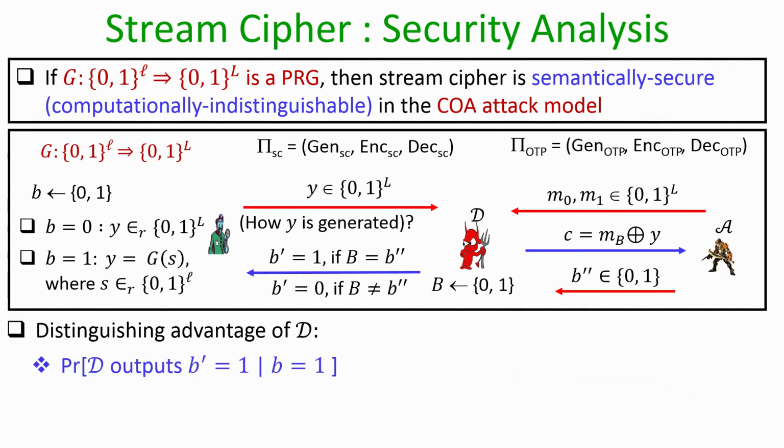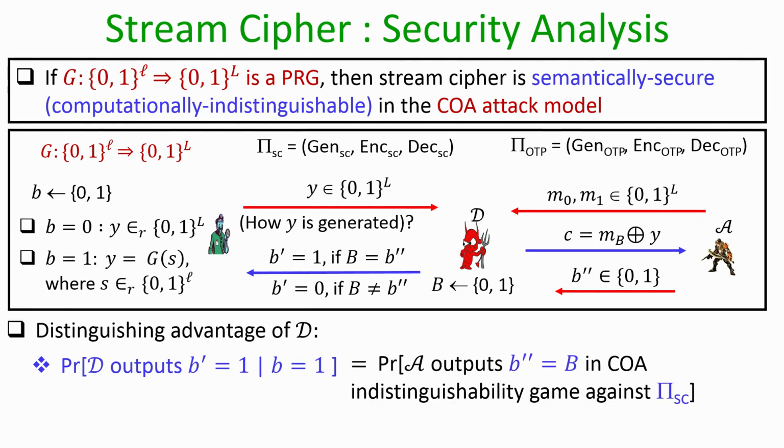On the other hand, the probability that D outputs b' equal to 1 given that b is equal to 1 is exactly the same with which my adversary A can win the COA indistinguishability game against an instance of stream cipher, and as per my assumption it is 1/2 plus some non negligible probability, right.